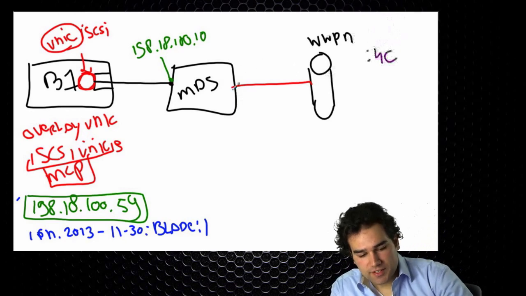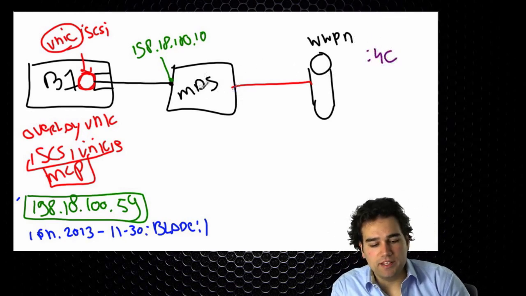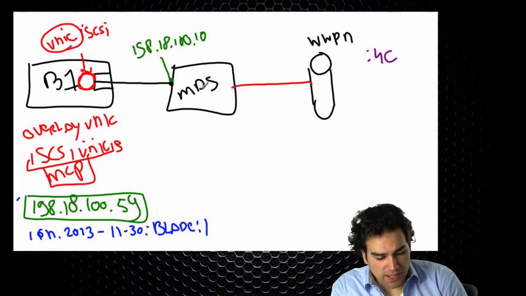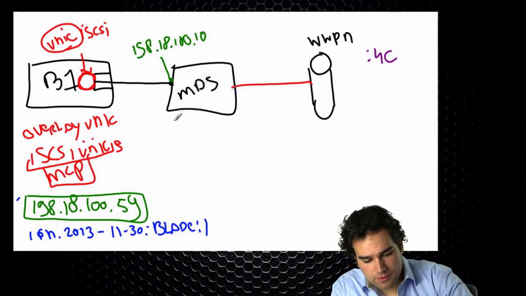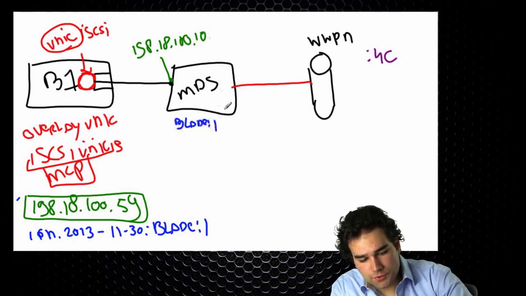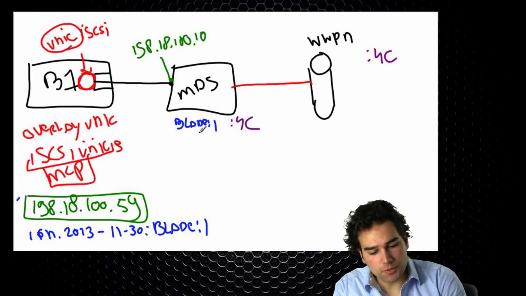That disk is advertised towards the MDS, and here I tell the MDS IQN this blade 1. So here I say, all right, IQN blade 1 has access to WWN 4C. That is what I want to do, right?